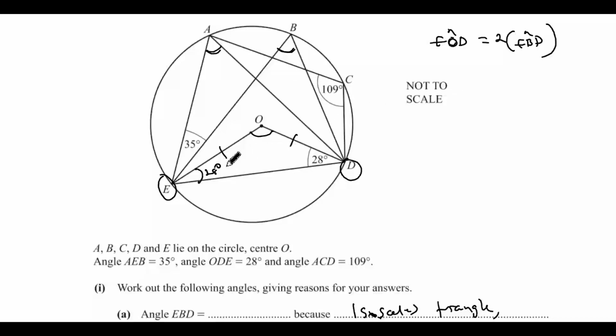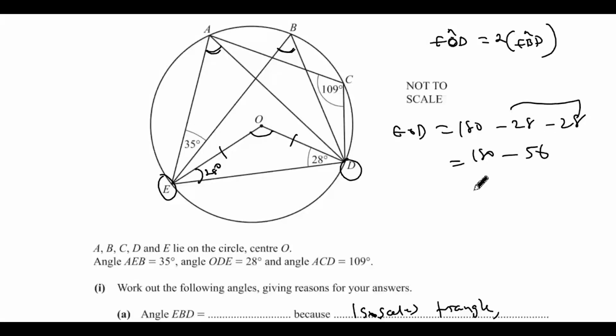So this angle EOD will be equal to 180 subtract 28 subtract 28, as these three angles add up to 180 degrees. Of course, it will be 180 subtract 56, as these two add up to 56, and finally we'll get our answer to be 124.